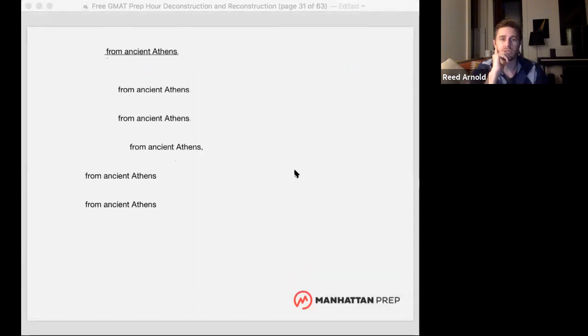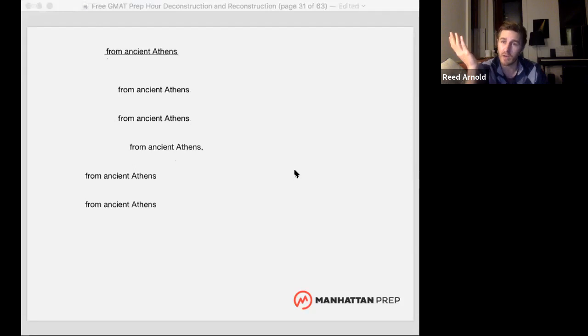How about this? What if you see from ancient Athens? What can you infer? Okay, James says it's a modifier. It's a prepositional phrase. So what can I infer is going to be in this sentence?